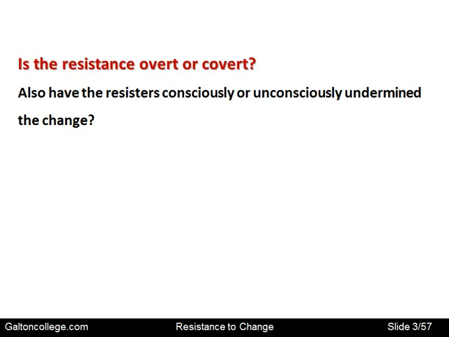So the change does not go through. So sometimes resistors can, as I said, consciously make it obvious that they resist the change and do everything in their power to stop the change. Or alternatively, they may subconsciously or unconsciously oppose the change, in the sense that it's inside them, they're not wholly committed, they resist the change.